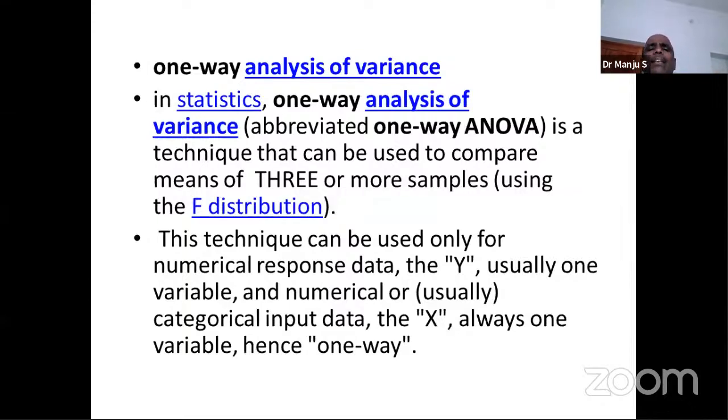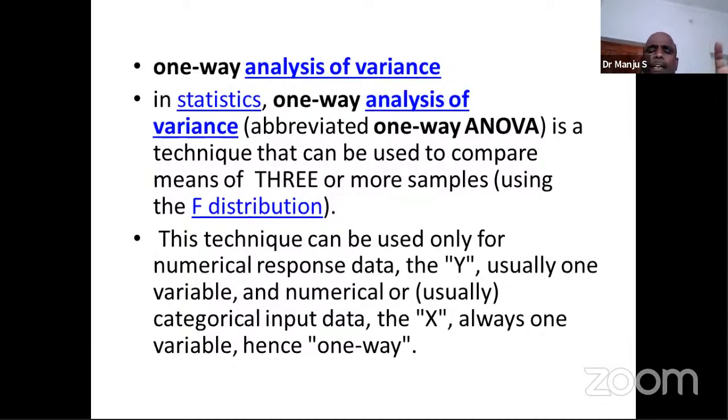Okay, so one-way analysis of variance. It's called ANOVA, one-way ANOVA. One-way ANOVA is an extension of the two-sample tests. Here it is used to study the relationship between a categorical variable, let us say age, or type of employees, or salary, and the performance.